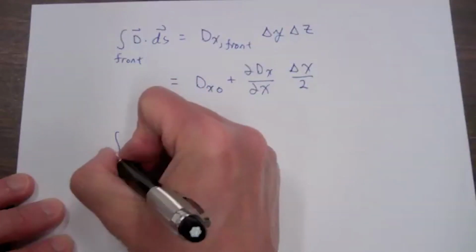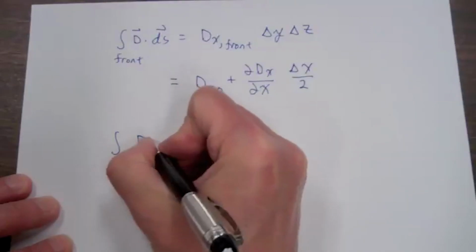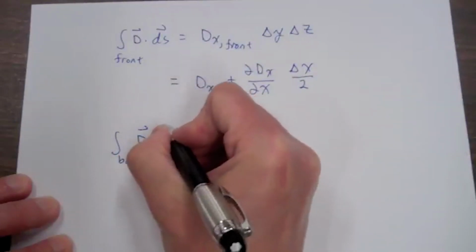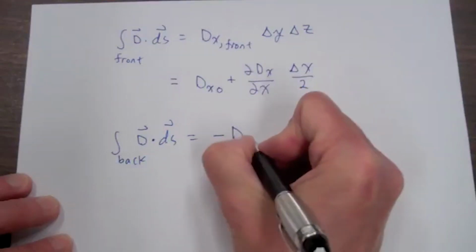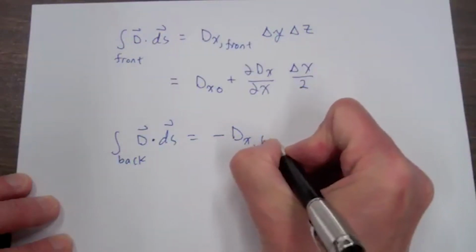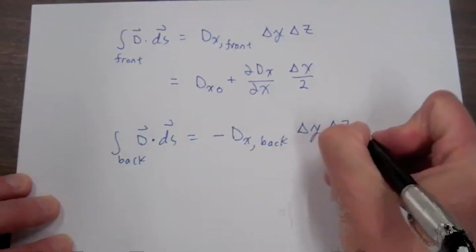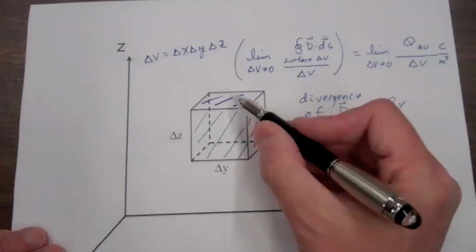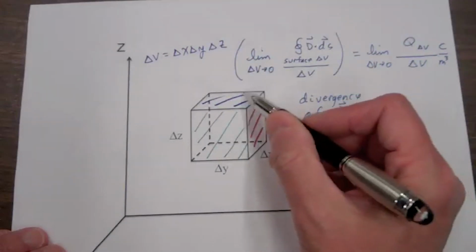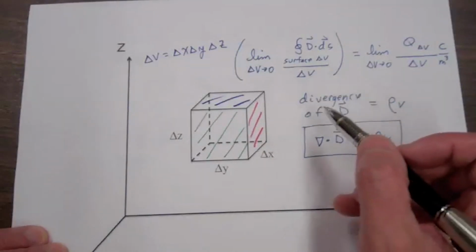Okay, so now our estimate of D dot dS on the back face is going to equal minus D sub x on the back face times delta y delta z. The reason we get the minus sign is that the surface element on the back face is pointing in the minus a sub x direction.